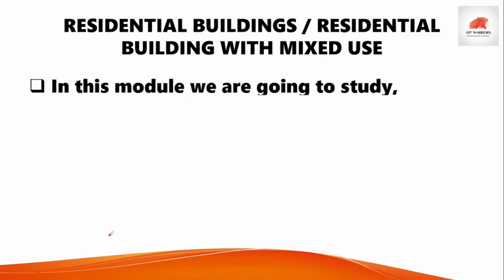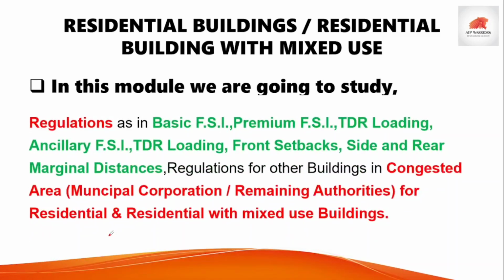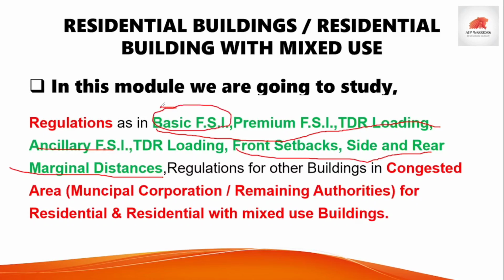As I said, in this module we are going to study regulations such as basic FSI, premium FSI, TDR loading, ancillary FSI, front setbacks, and side and rear marginal distances. If you have watched the previous video, you must be aware of what basic FSI and premium FSI are.